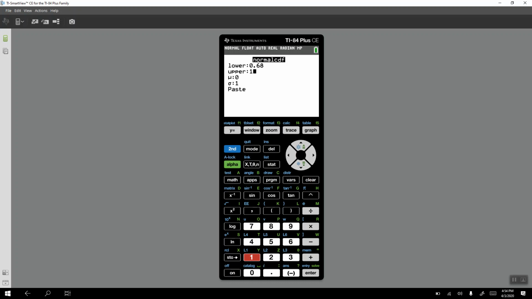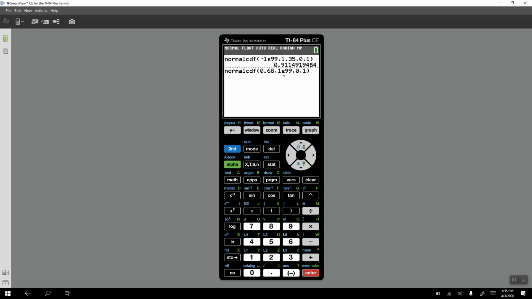Now be careful, it's not the capital E. It's kind of tricky, but it's the blue double E. So I'm going to press second, comma, because the comma is going to access that double E. There we are. So 1 E 99. Press enter. Mean of 0, standard deviation of 1, paste. That entry should look exactly the same.